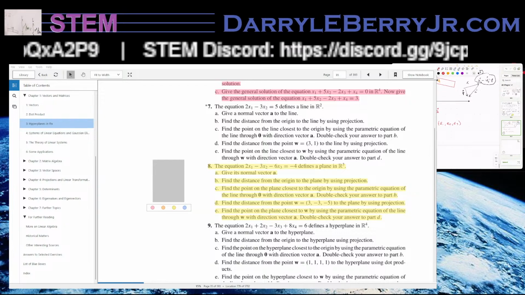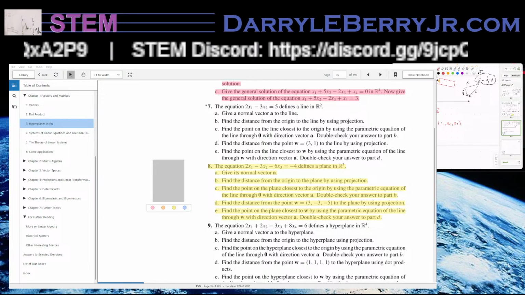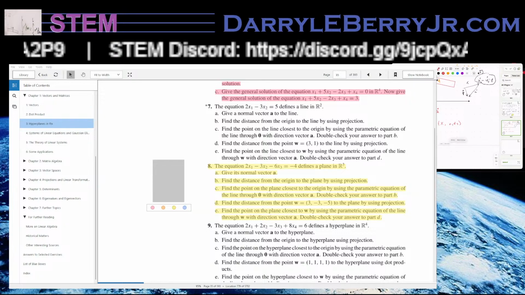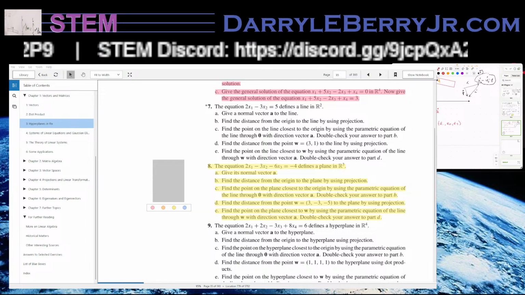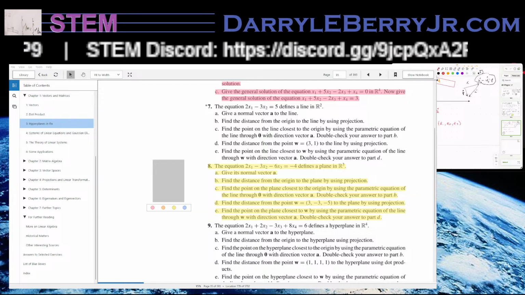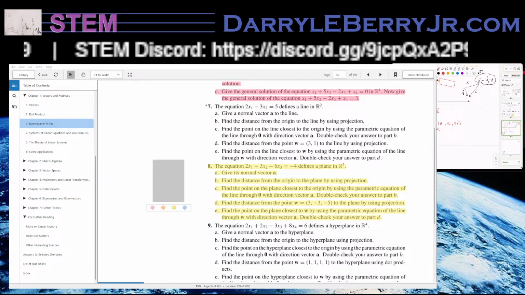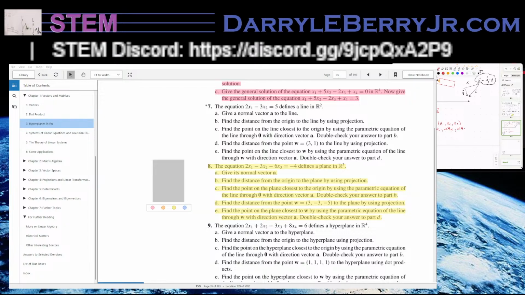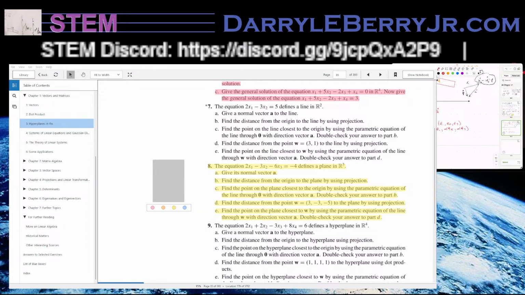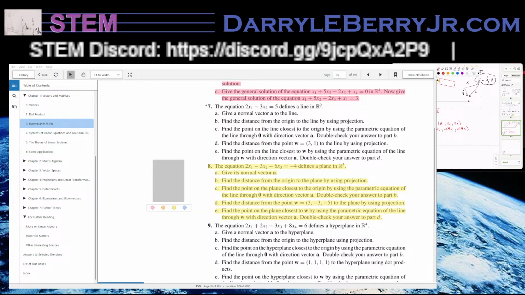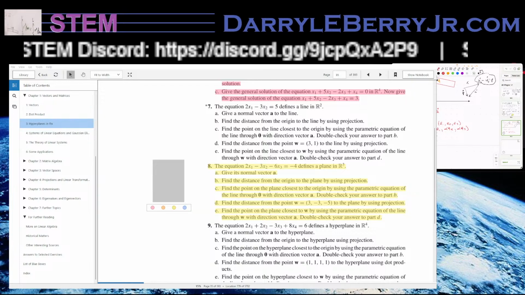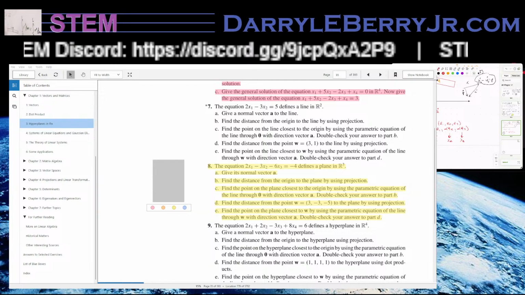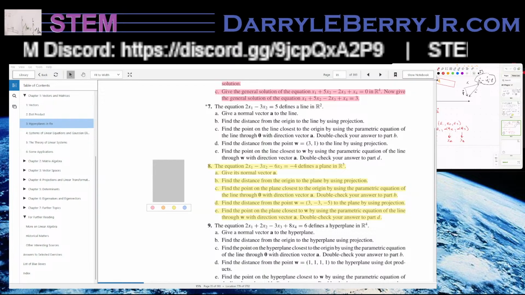Or actually let me call that X. No, it's better to keep it A. So that equals alpha A1, alpha A2, alpha A3. So that means that this is an X1, X2, X3, right?